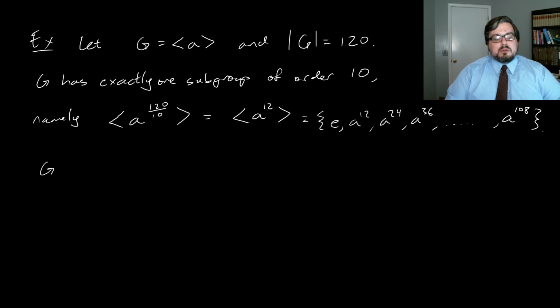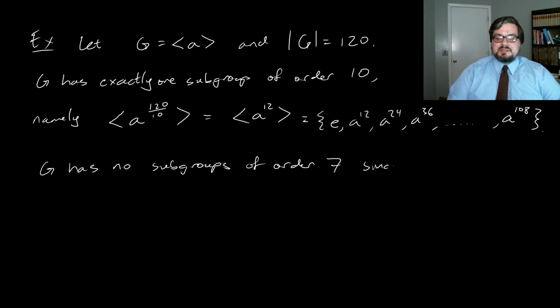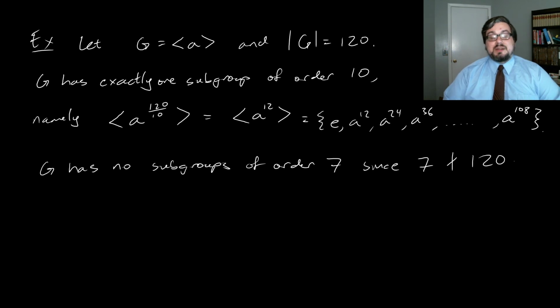And we can also ask, how many subgroups does G have of order 7? And it has none. G has no subgroups of order 7, since 7 does not divide 120.